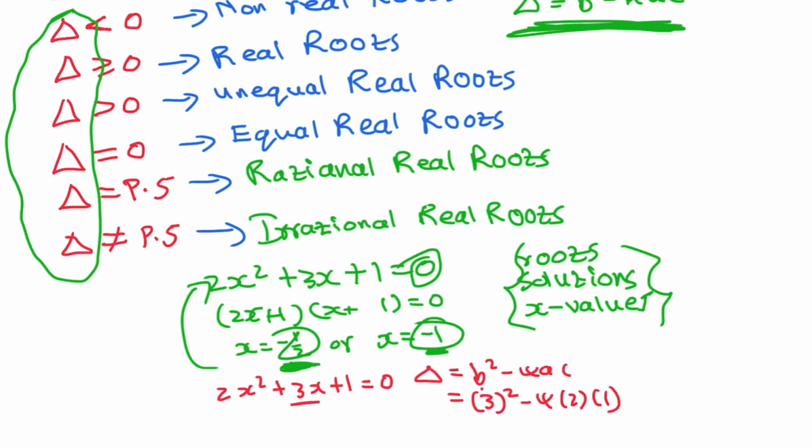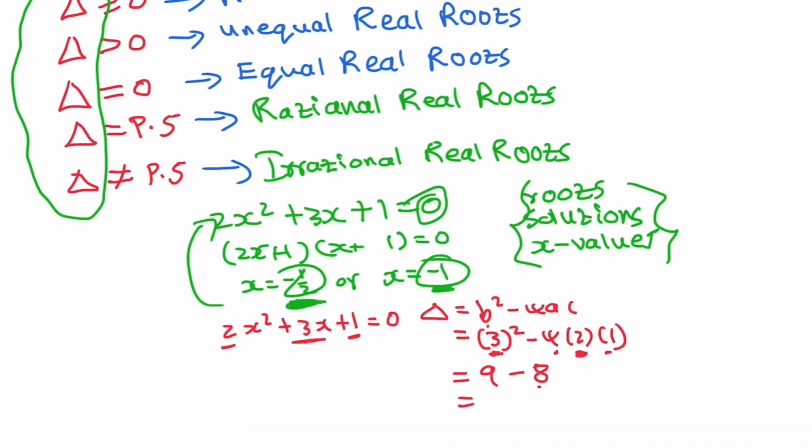Remember, my b is 3, my a is 2, and my c is 1. 3 squared is 9, minus 4 times 2, which is 8, and 8 times 1 is still 8. So 9 minus 8 is 1. My delta is exactly 1.